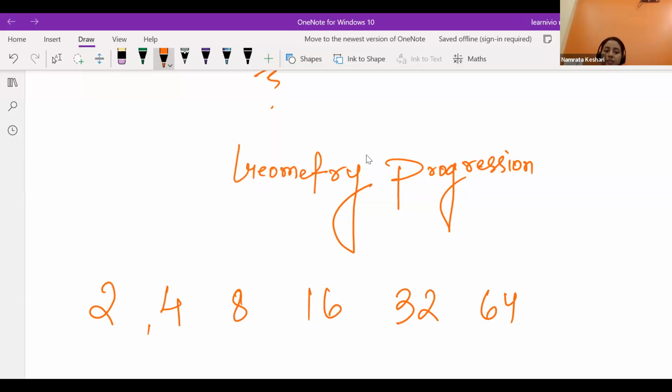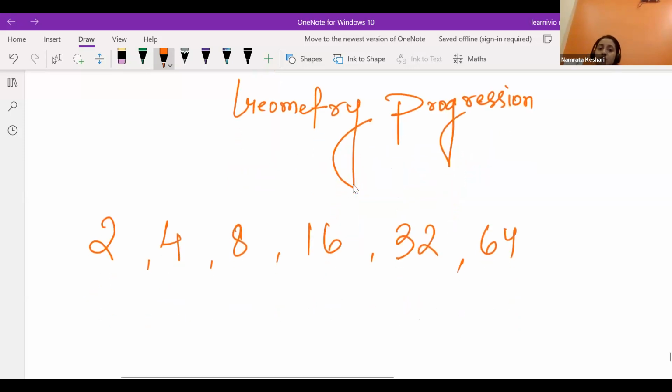If our sequence looks like this, is it in AP only? No, ma'am. It's not in AP. Okay, it's not in AP, it's in GP.